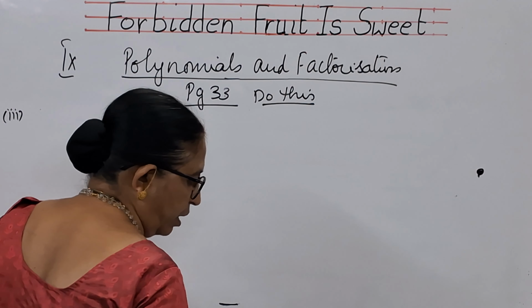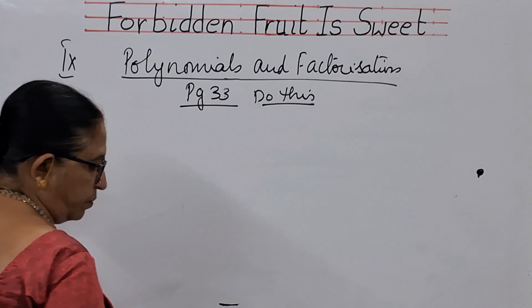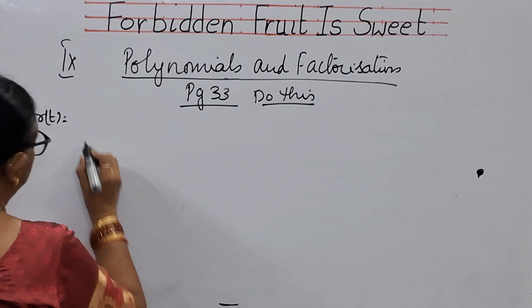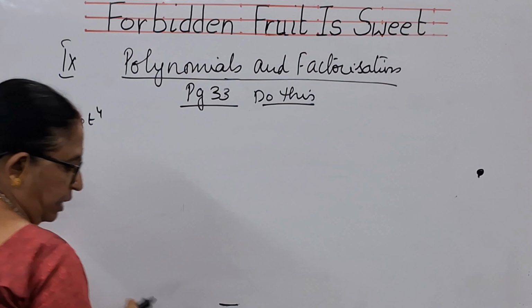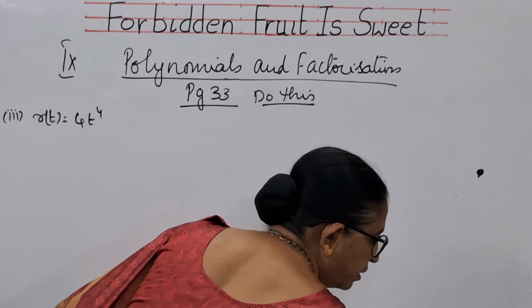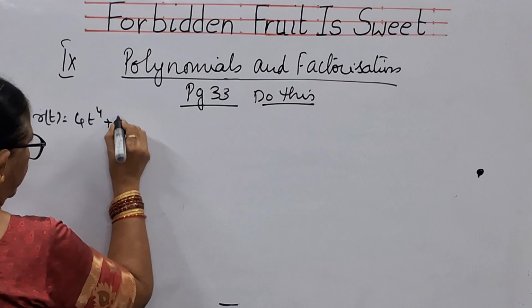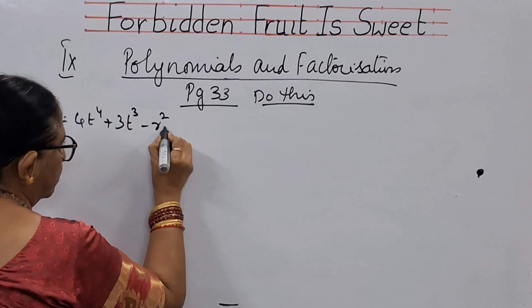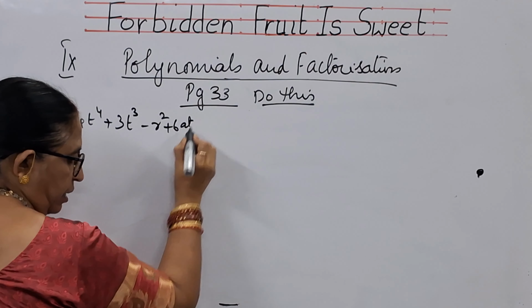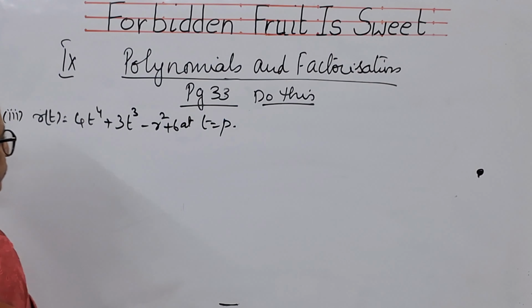Third bit, r of t is equal to 4t to the power of 4 plus 3t cube minus r square plus 6, at t is equal to p.